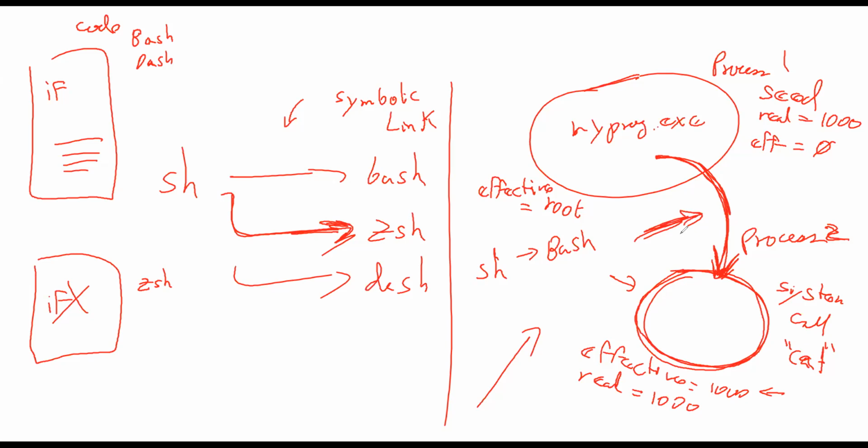So in summary, in the lab, what you can do is change the symbolic link from bash to dash. Try it. Always ask seed. It should not work. Switch again to CSH. Always ask seed.